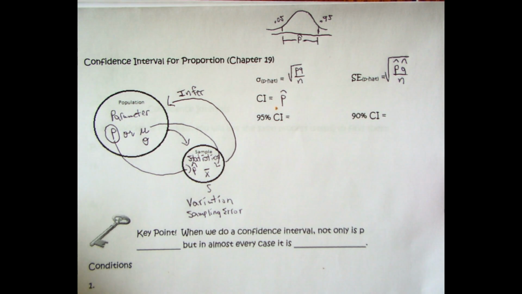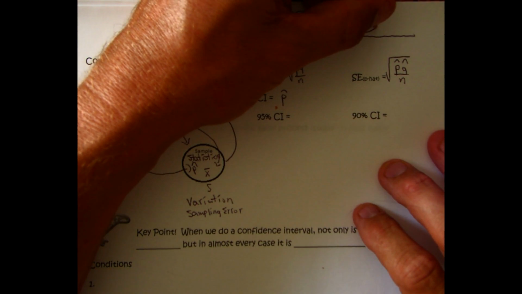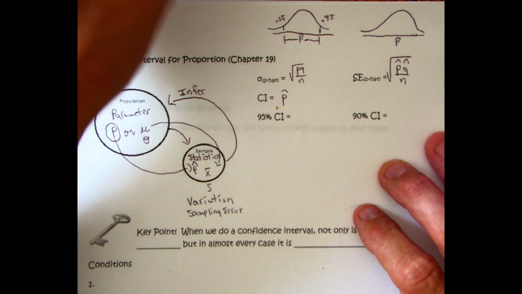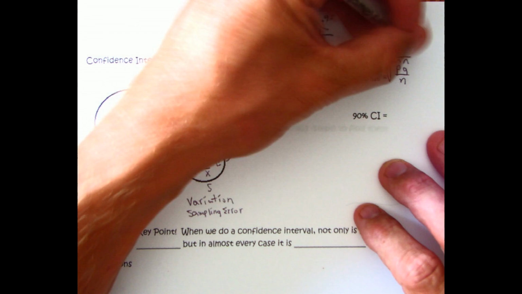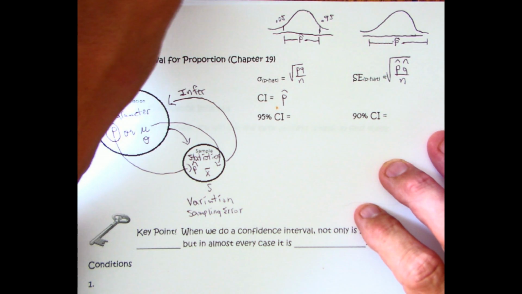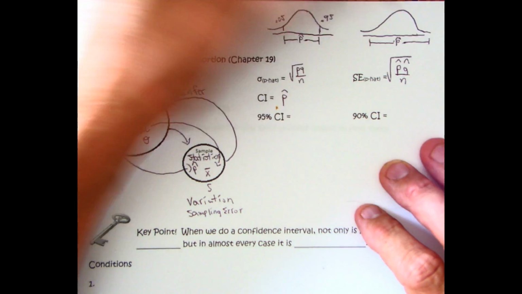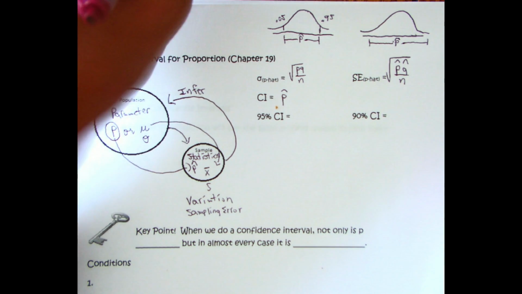If I do a little wider interval, so now p hat's in the middle of my sampling distribution, I'm going to do a 95% confidence interval. If I'm capturing the middle 95%, then that must mean that I'm not capturing 5% of the interval.